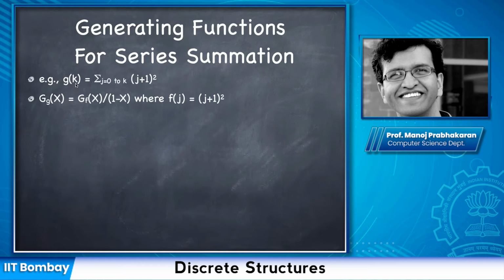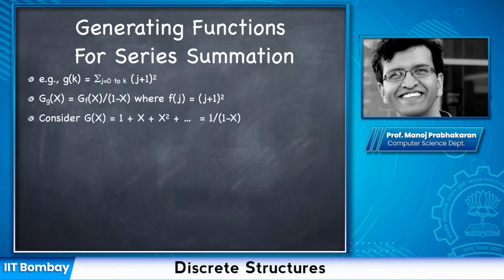So the generating function for this, from what we saw earlier, is just G(x) divided by 1 minus x, where G(x) is the generating function for f. So let's figure out what the generating function for f is. This is something you can get from the extended binomial theorem and the combinations, but let's arrive at it more directly.